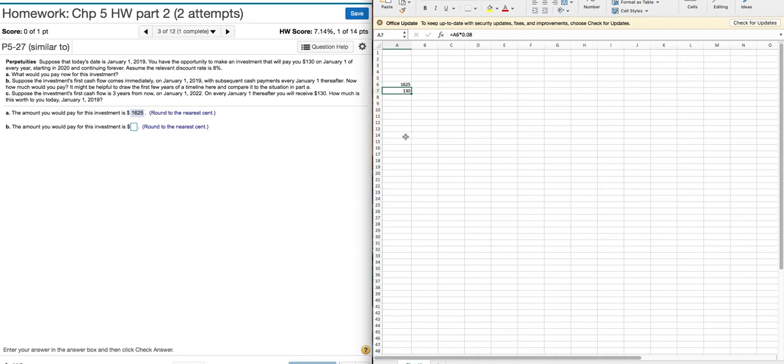So what this is saying is that we would have our present value, our 1625, plus we would get a payment immediately. So we would get an extra $130. Okay, so really what our present value or amount that we'd be willing to pay for that investment would be $1,755.